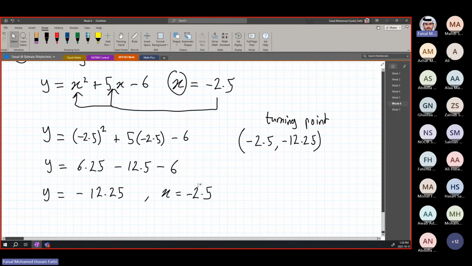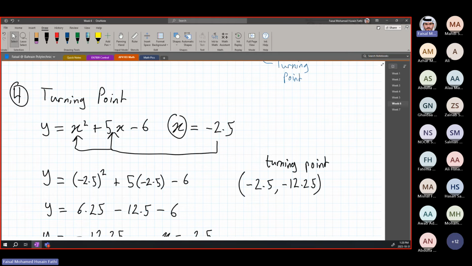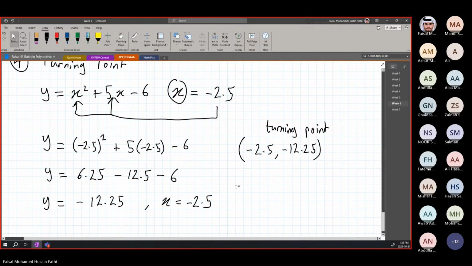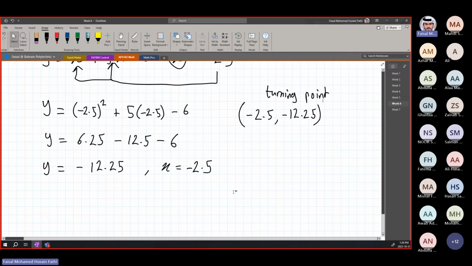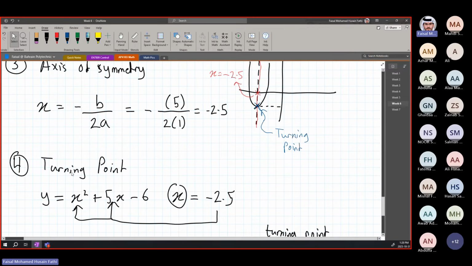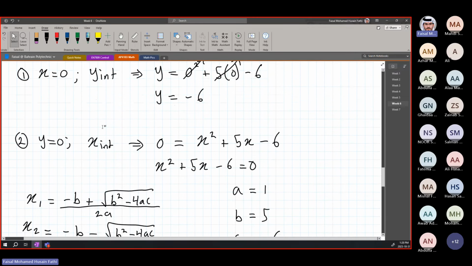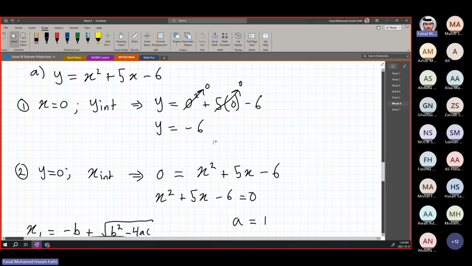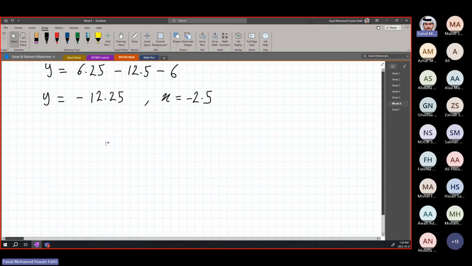Now, the last step is the actual plotting. So does anyone have any questions about any of the steps I've done so far? Great, so it's clear. So to start plotting, you're going to need the values that we found from each step. So y is equal to minus 6. I'm just going to bring this down here. This is our y-intercept.